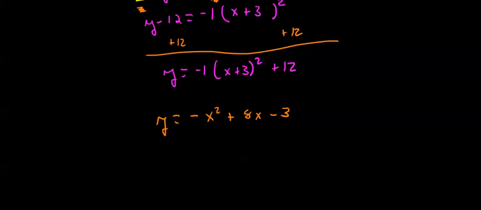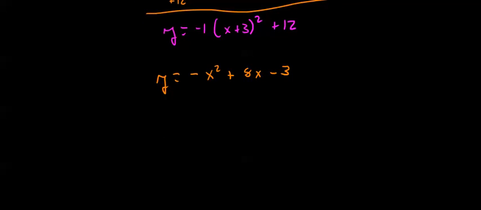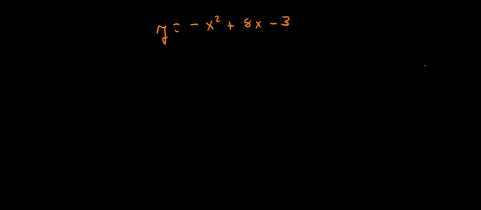Our new equation is y equals -x squared plus 8x minus 3. As before, we add 3, get it out of the way, and we end up with y plus 3 equals -x squared plus 8x.